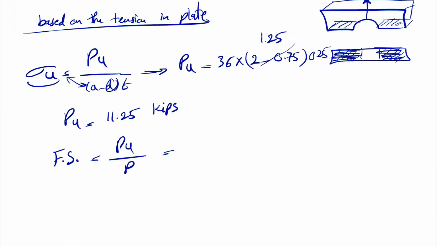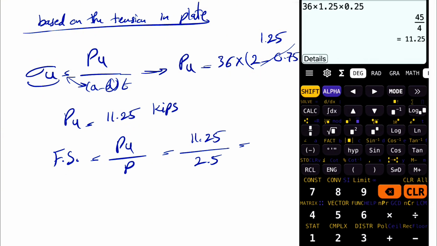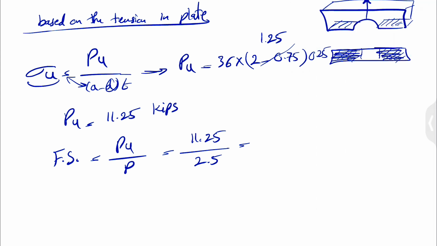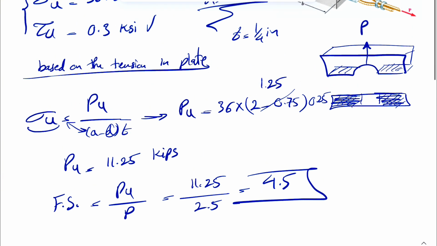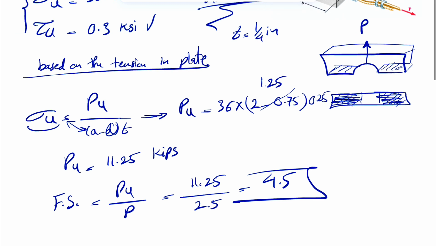So this gives us 11.25 over 2.5, which is 4.5. That's the factor of safety that we get based on the tension in the plate.